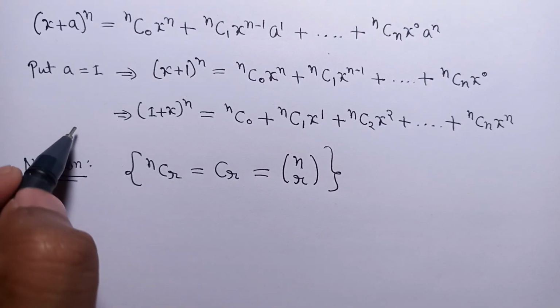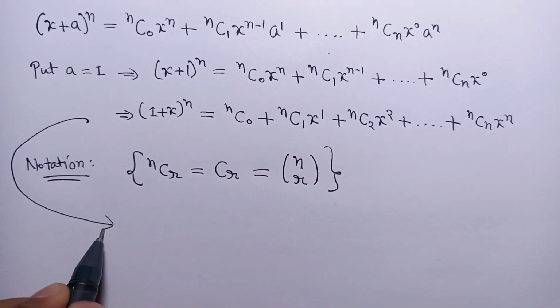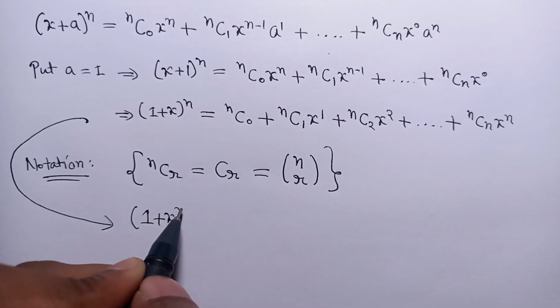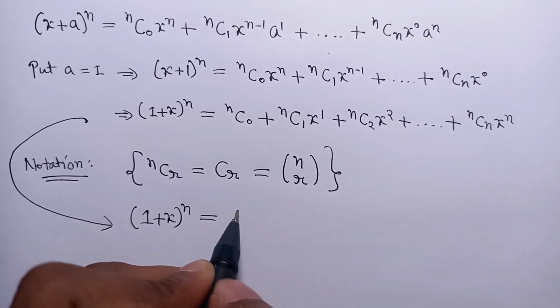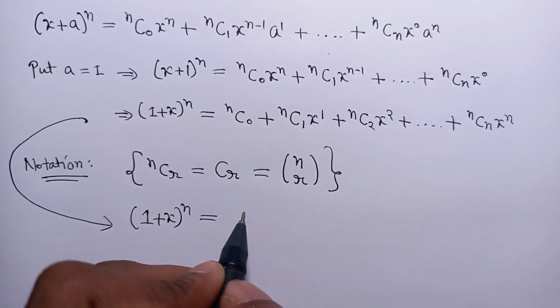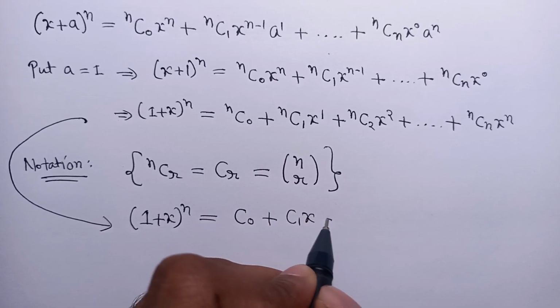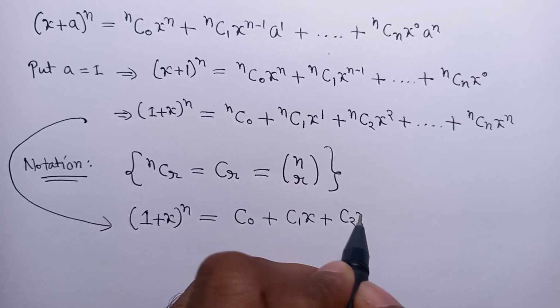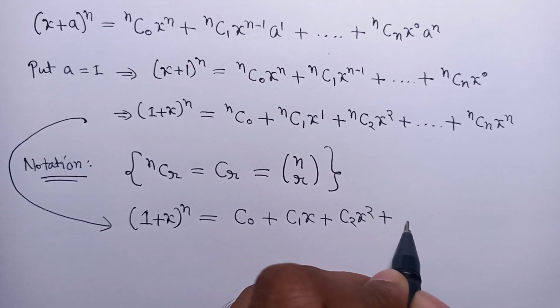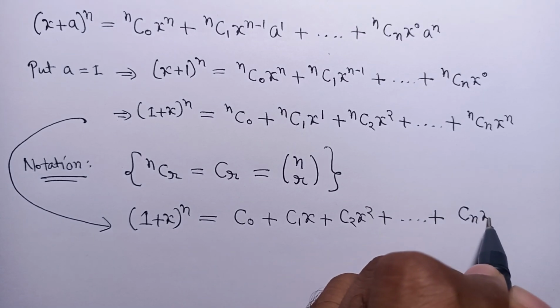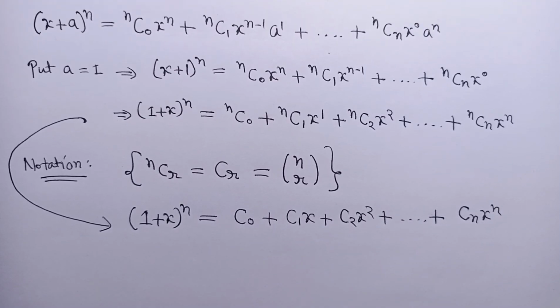So this term you can write (1 + x)^n = C0 + C1x + C2x² + ... and last term Cn x^n.